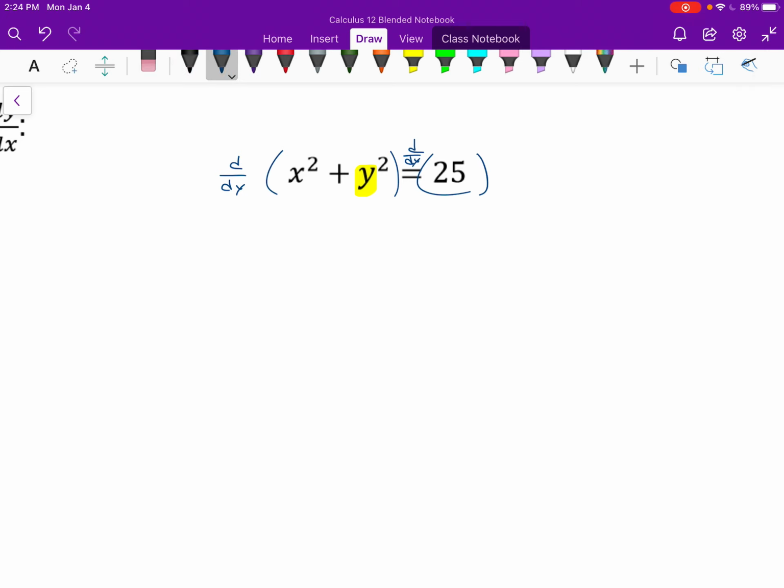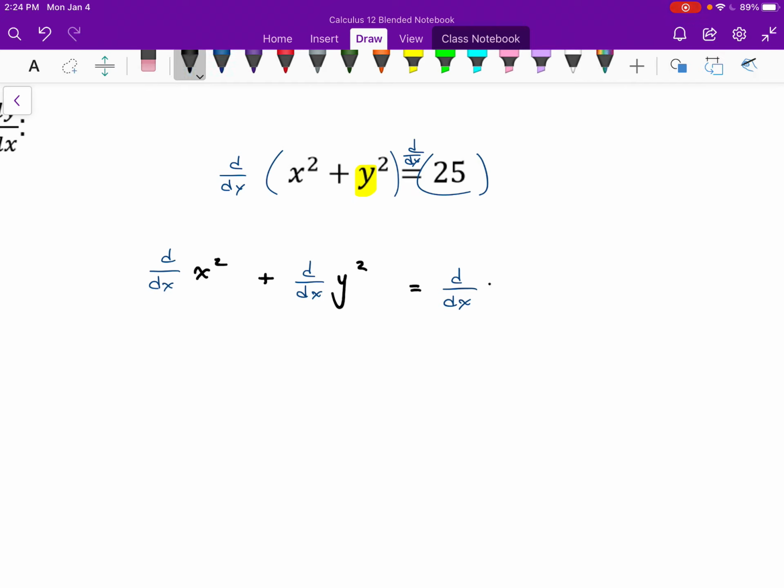I want to find the derivative, and I'll do this fairly slowly. I want to find the derivative of x squared with respect to x, plus the derivative of y squared with respect to x, keeping in mind that y is a function of x. And I want to find the derivative of 25 with respect to x.